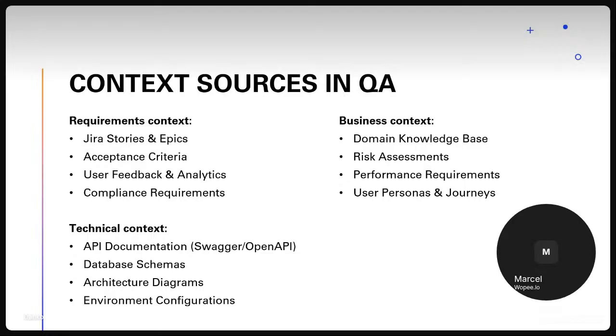Some technical context: API documentation, schemas, architecture diagrams, various things that go into technical. And then, importantly, the business context and domain knowledge: risk assessments, performance requirements, user personas and journeys. So this all counts as context relevant for QA.